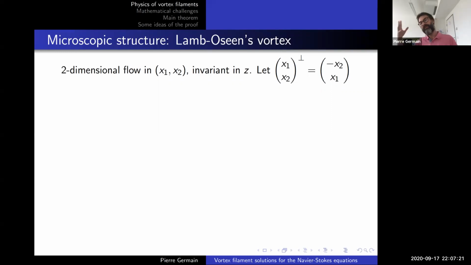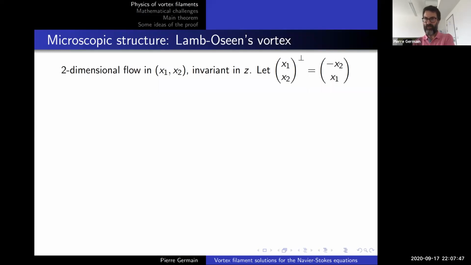And on a macroscopic scale, what we'd like to do is describe how the geometry of the filament evolves. So on a microscopic scale, the structure should be given by the Lamb-Oseen vortex, which is a 2-dimensional structure.